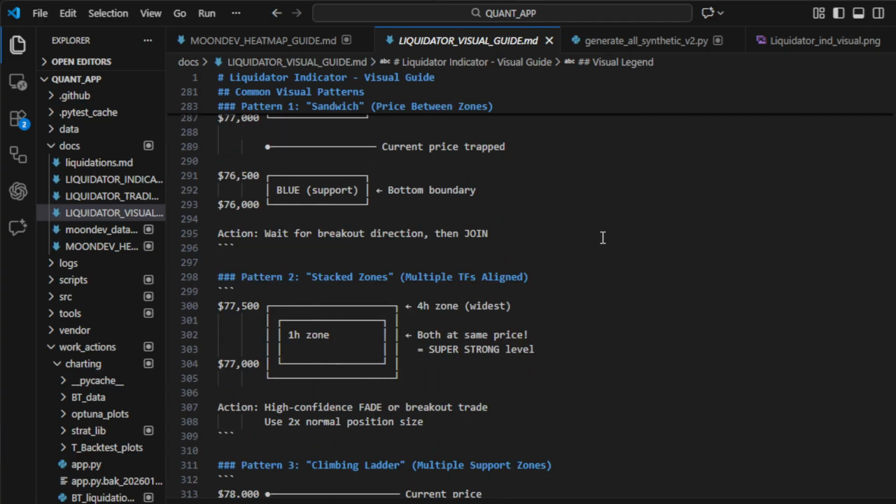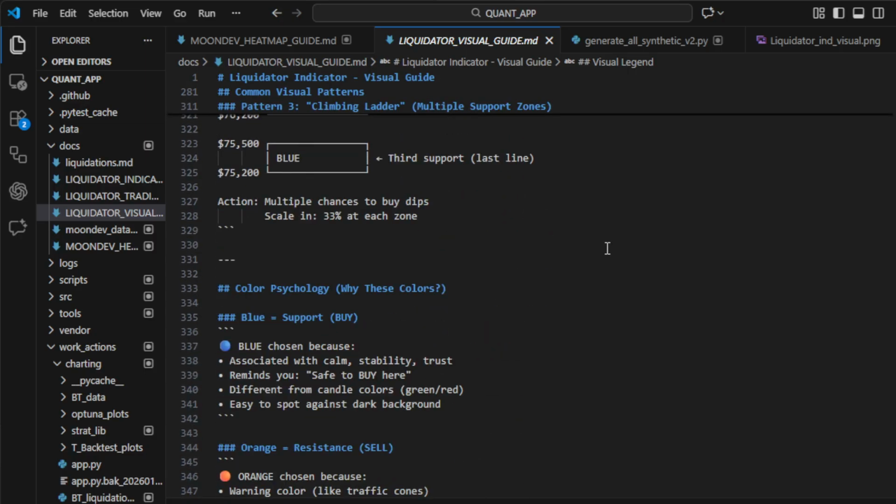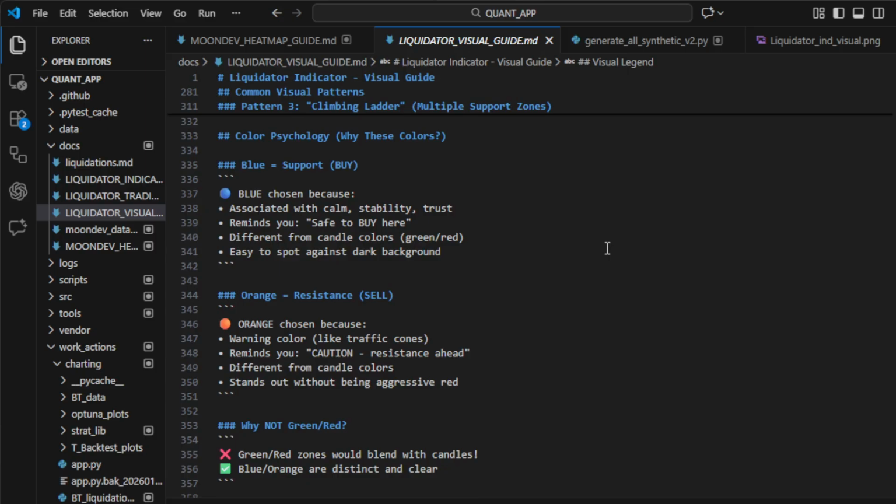Common visual patterns, 1, 2, 3. So if you're interested, guys, this is the way to go. Just try the package and see what it does for you. And please let me know. You can always talk to me through GitHub, Discord, or the mail address that is included in the package.